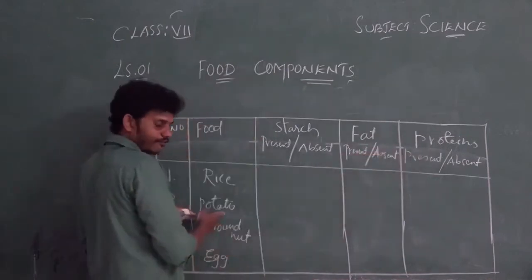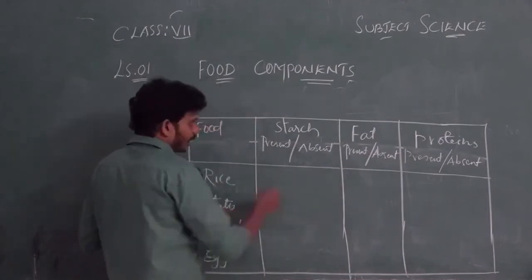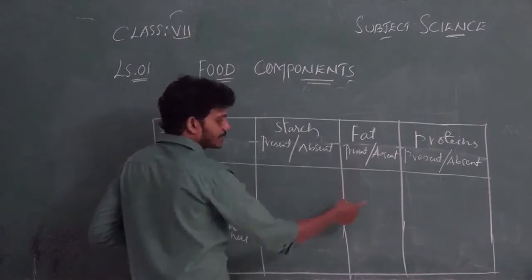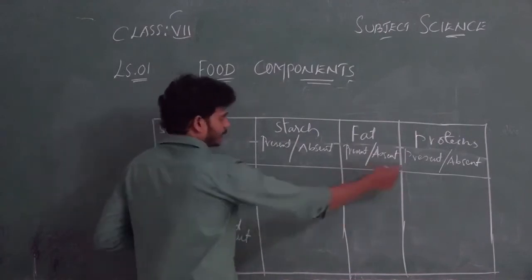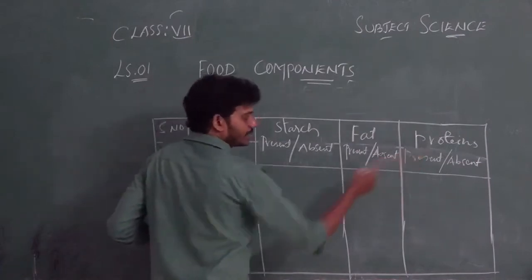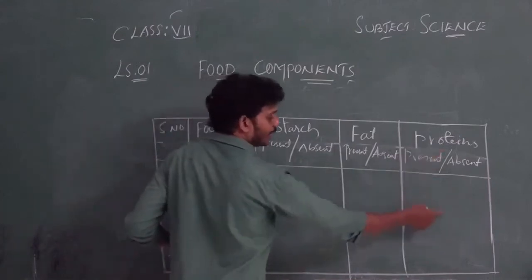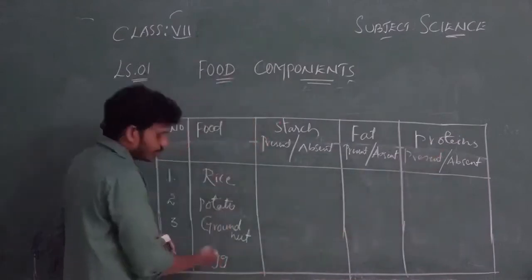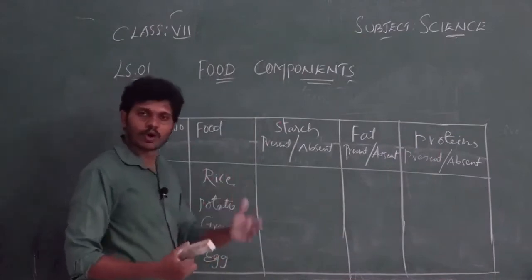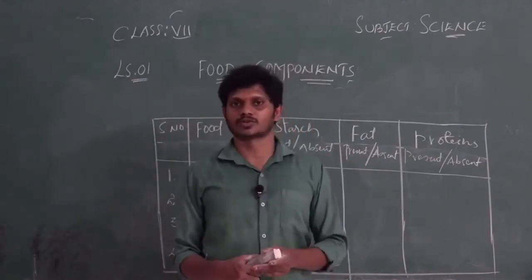If potato contains fat, write present; if not, write absent. And for proteins, if the potato contains proteins, write present, otherwise absent. Follow that for the remaining two, groundnut and egg, also. If you want to do other food items, you can do that too.